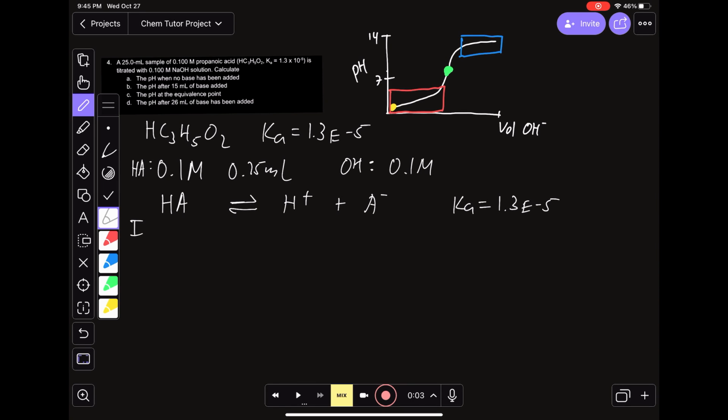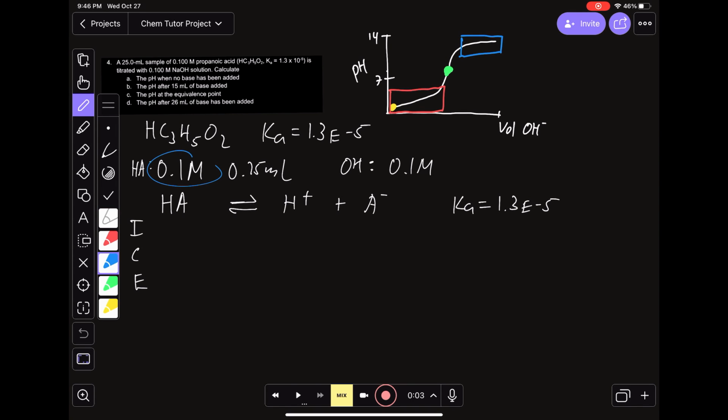So we're going to use a tool called an ice chart, which stands for initial, change, and equilibrium. And remember, an ice chart has to use molarity values. So what is the initial molarity for our acid, HA?